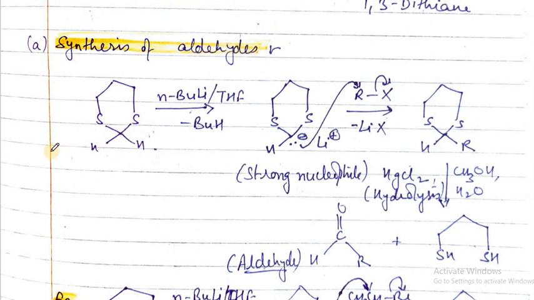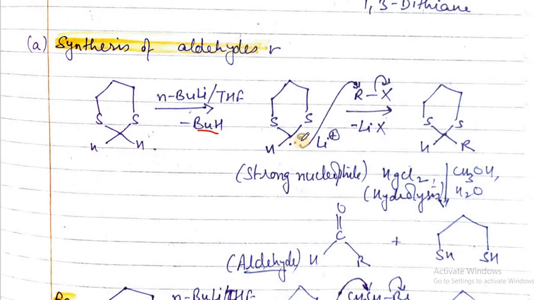So first, 1,3-dithiane is treated with butyl lithium in the presence of tetrahydrofuran. Then butane is removed and we get this lithium compound. Butyl lithium abstracts the proton, this proton is combined with butane, we get BuH, butane, and here the negative charge is present because the hydrogen has been abstracted.